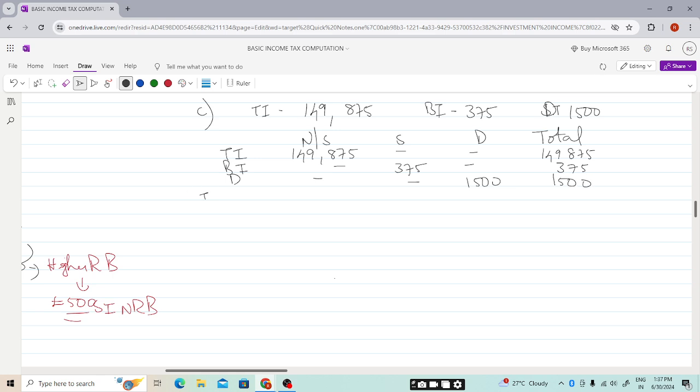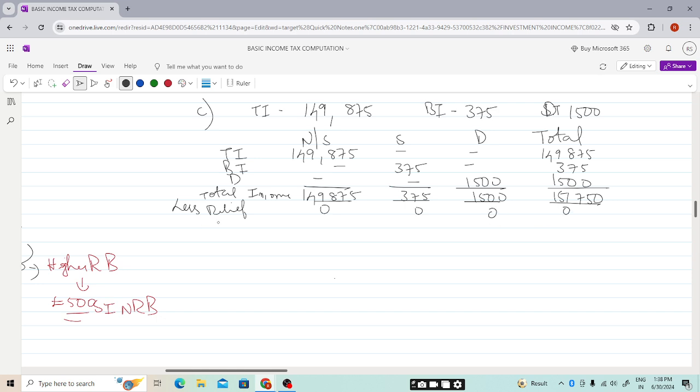This will give us our total income of 151,750. Less relief, no relief is available, nothing is mentioned about the relief.